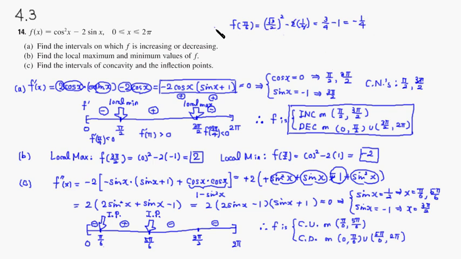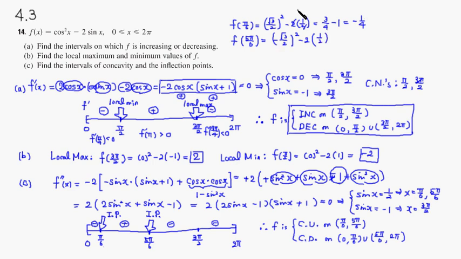And also we have to find f of 5 pi over 6. Cosine of 5 pi over 6 is actually negative square root of 3 over 2. You have to square that, minus 2 times sine of 5 pi over 6, which is 1/2 again.